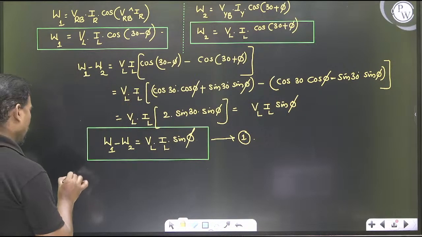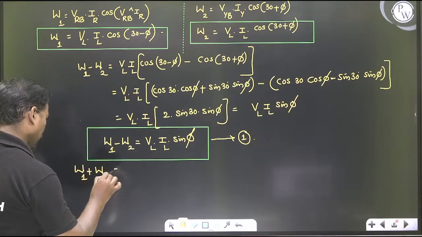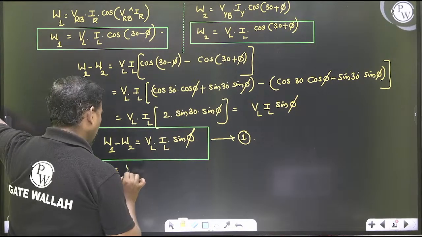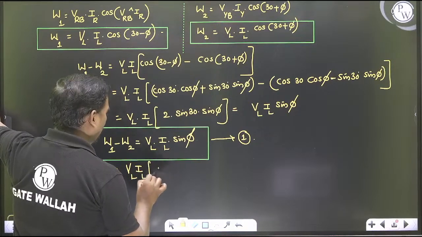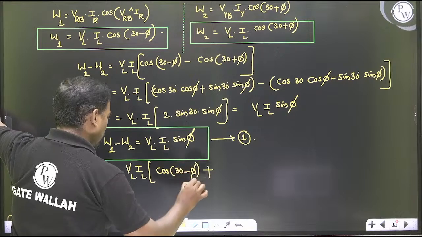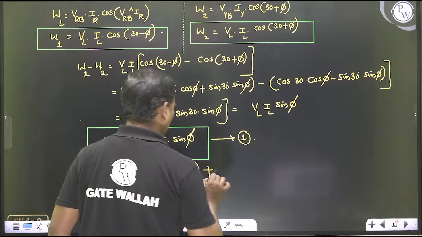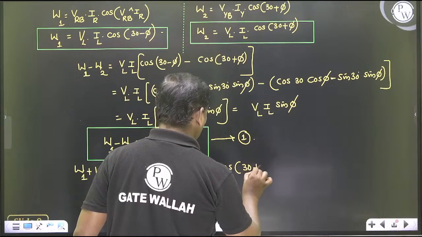Next, W1 plus W2. This is VL IL times cos of 30 minus 5 plus cos of 30 plus 5.